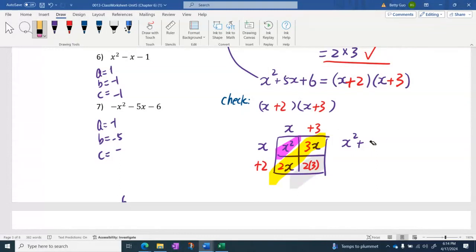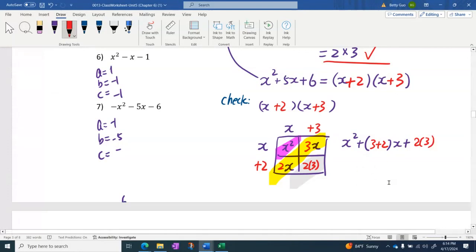They are like terms, right? We can combine them. 3x plus 2x is 5x. I know it's 5x, but let me write that as 3 plus 2, or 2 plus 3, times x. And then plus 2 times 3.